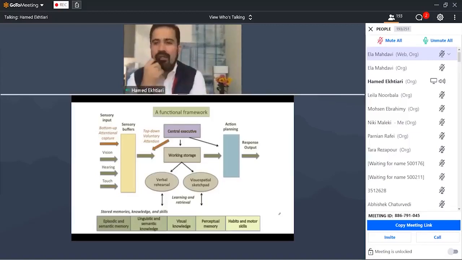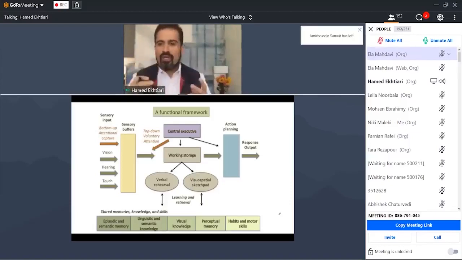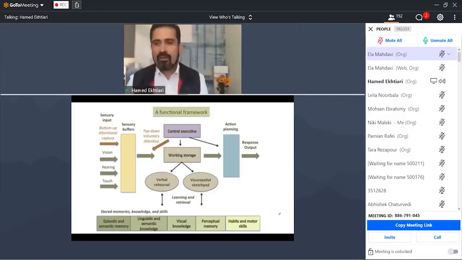But can we call it a neurocognitive framework? No. Here we have not been talking about any sort of brain areas that are involved. But when we are talking about cognitive neuroscience, we like to have these cognitive functions be mapped onto the brain, then it would give us a better idea about what is really happening inside the brain.